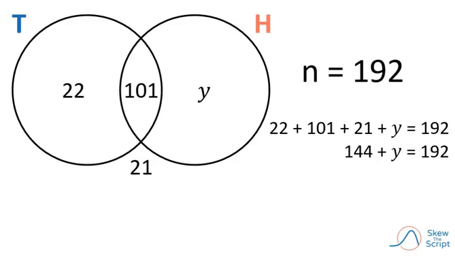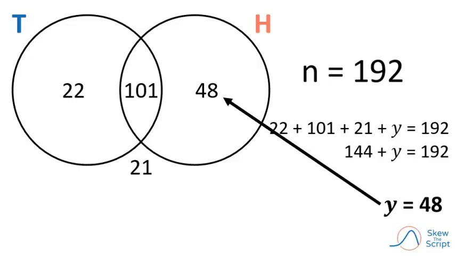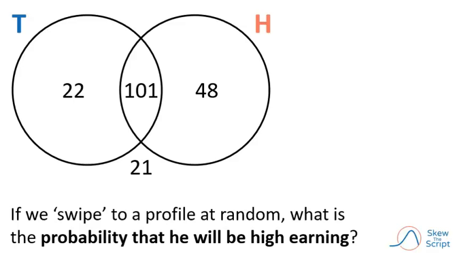So we do the addition and we see that we've already described 144 profiles in our diagram. So there must be 48 profiles remaining to get us to the 192 total. This means that there are 48 men who are high earning but not tall. So our diagram gives us the information we need to solve the original problem.